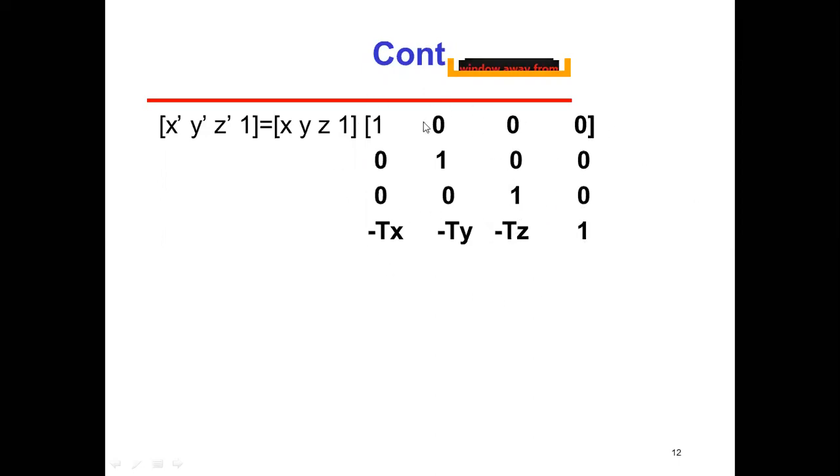This is the 3D case, where x dash, y dash, z dash, 1 are the final points and x, y, z, 1 are the initial points. You just replace the signs: minus tx, minus ty, minus tz. This is called the inverse transformation for the translation.